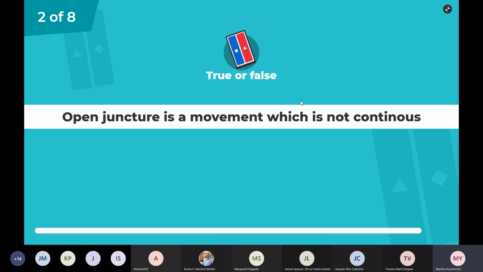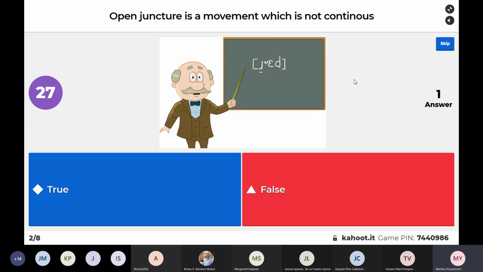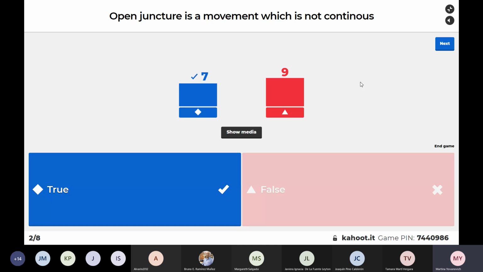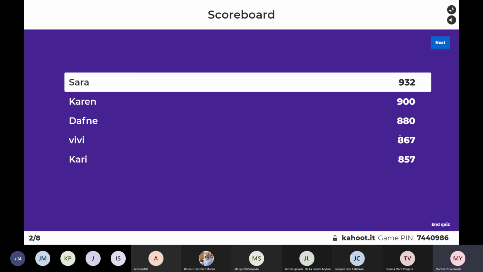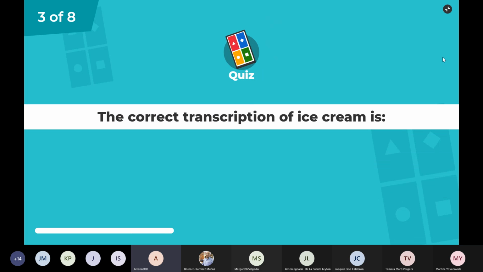Next: open juncture is a movement which is not continuous. True or false? Okay, perfect. It's true. Karen in first place, Alvaro in second place. It's not me, by the way. I think that is the other Alvaro.